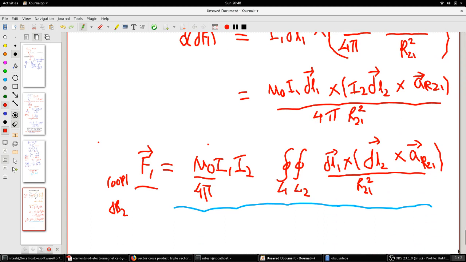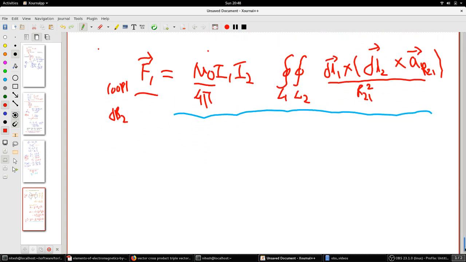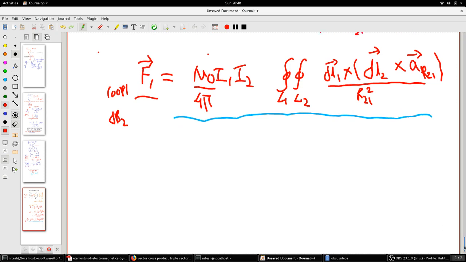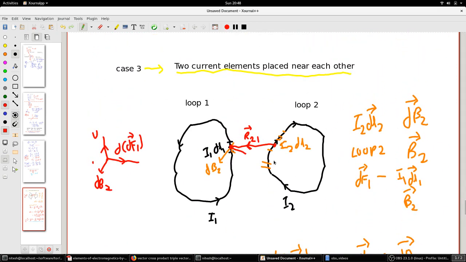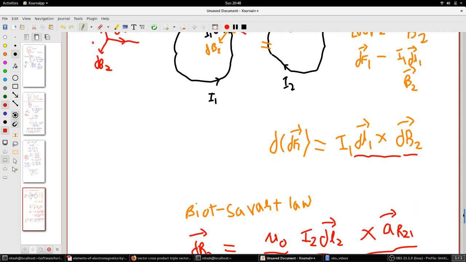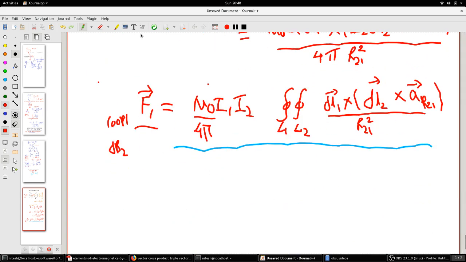One thing which we have to consider is what will be the force on current loop 2 due to the magnetic field generated by loop 1. Okay, so here let's write this first. This particular thing is the force on loop 1 due to magnetic field generated by loop 2, right?